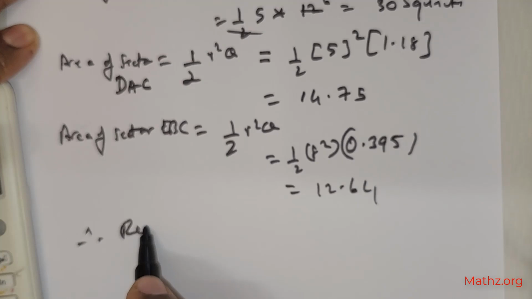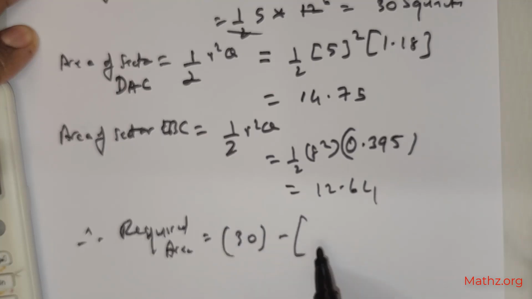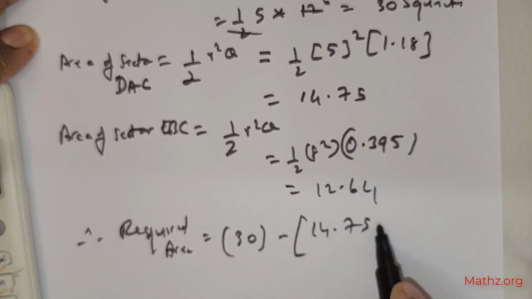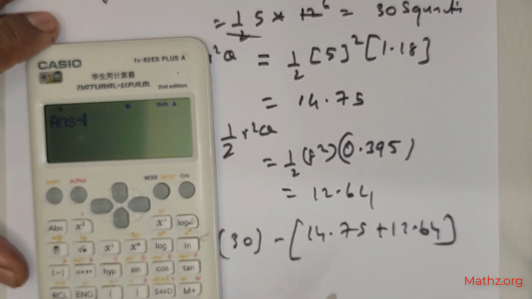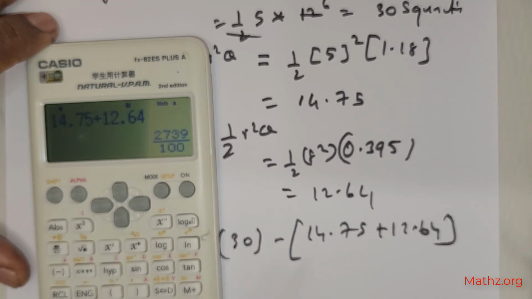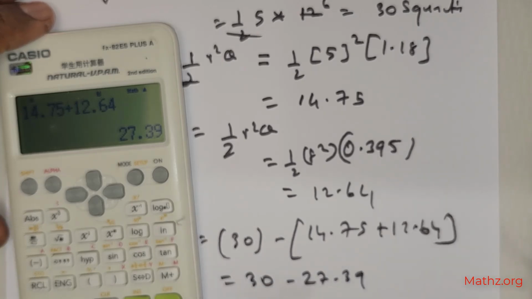So therefore the required area is, from 30, you take away 14.75 plus 12.64. 14.75 plus 12.64 is 27.39.